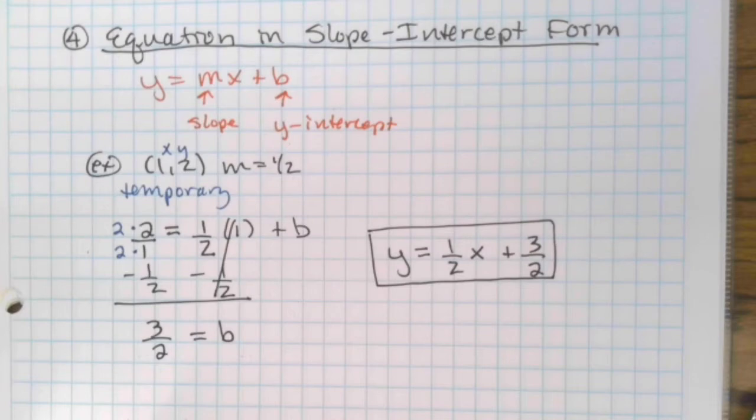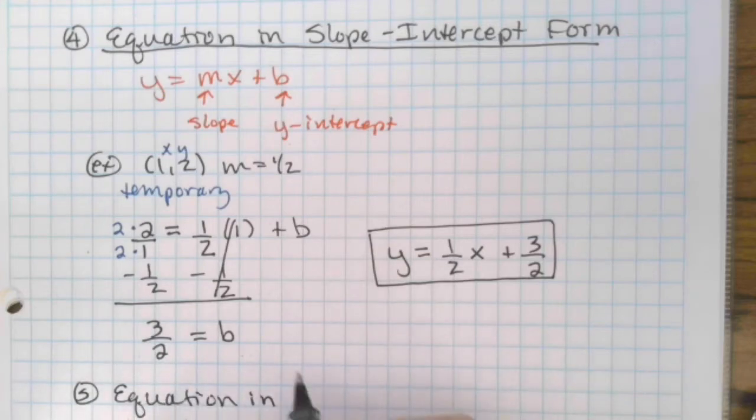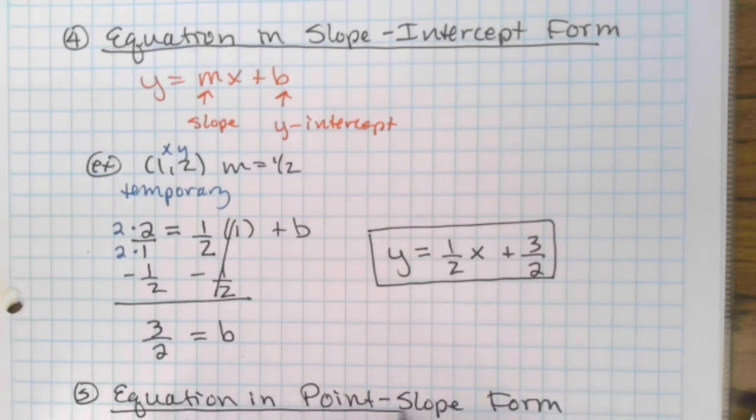All right, example number 5. We're going to find the equation of a line. This time we're going to do it in what's called point-slope form. And the formula for point-slope form is y minus y sub 1 equals m times x minus x sub 1.